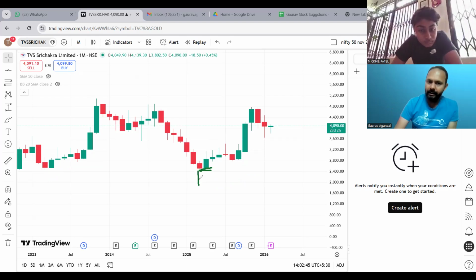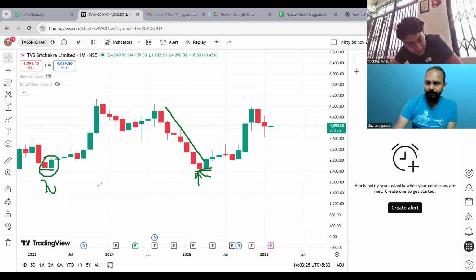Sometimes I'll take entry here only, because I see that the candles have already fallen, right? And in this scenario, I see that the same kind of history happened in 2023, right? So I will assume that this stock is going to repeat a similar pattern again. That is why I'll mark my entry near this area only. Before this candle even starts, I'll take my entry here, because the same incident has already happened in the past, right?